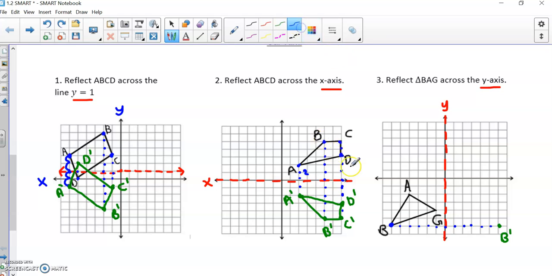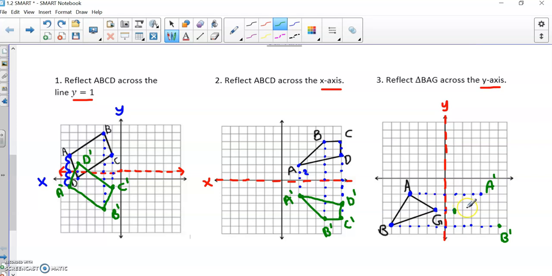All right. Point A is going to go 1, 2, 3, 4. And so 1, 2, 3, 4 here. A prime. And last but certainly not least, we have G, 1 away, and so we'll go 1 in this direction.